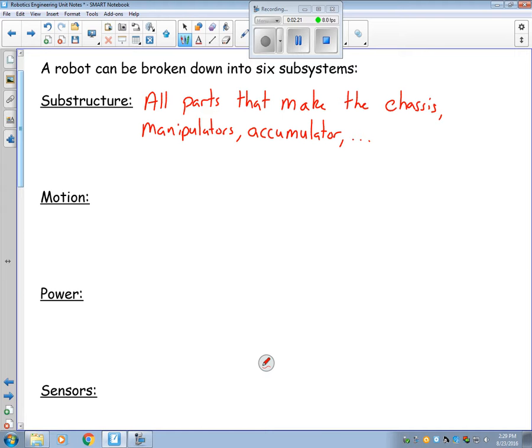So, whenever we look at the pieces of structure we have, our C channels, our wide C channels, bars, everything, that all falls under the structure.